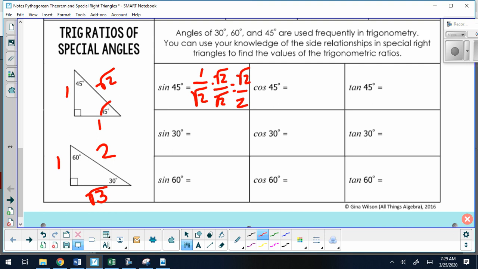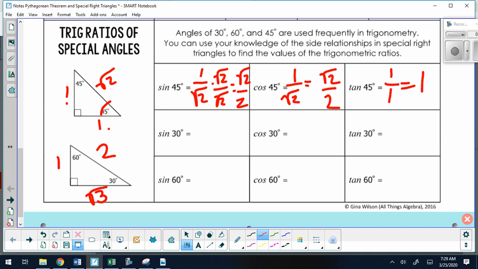Cosine of 45 is going to be the same, adjacent over hypotenuse. So 1 over the square root of 2, saving myself a little bit of writing, square root 2 over 2. And then tangent of 45 is going to be opposite, which is 1, over adjacent, which is 1. So 1.